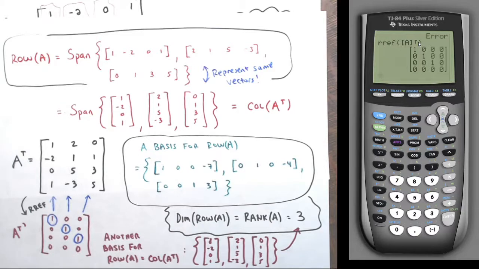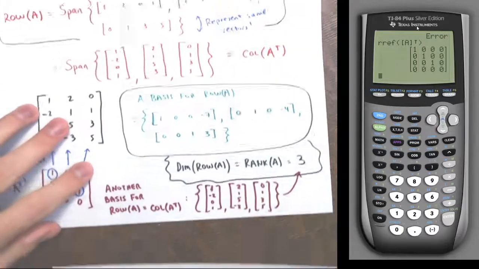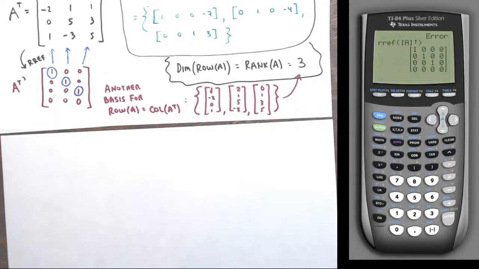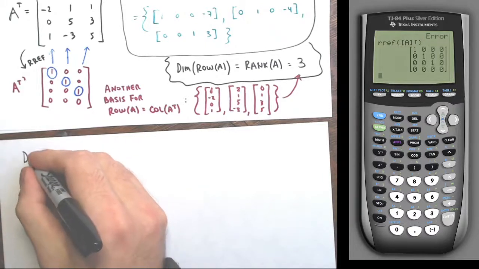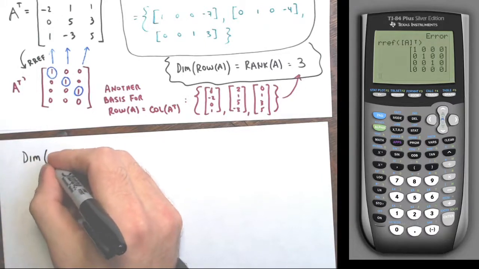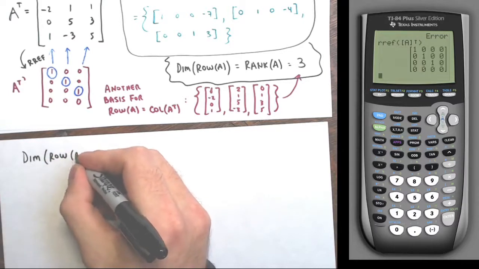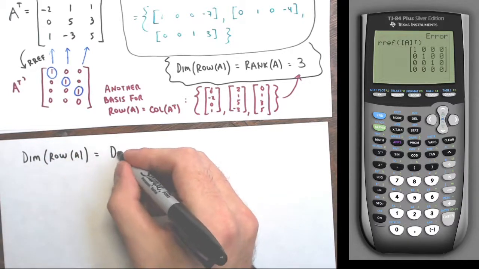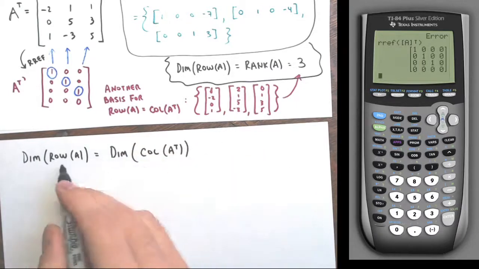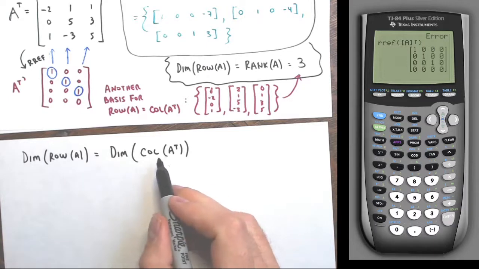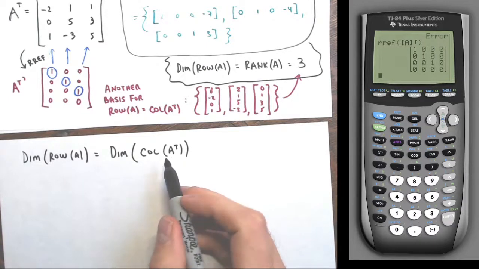Now, one other thing to point out here when it comes to a matrix and its transpose. If you notice from the last problem, the dimension of the row space is the same thing as saying what's the dimension of the column space of the transpose, because the row space of a matrix is the column space of its transpose.